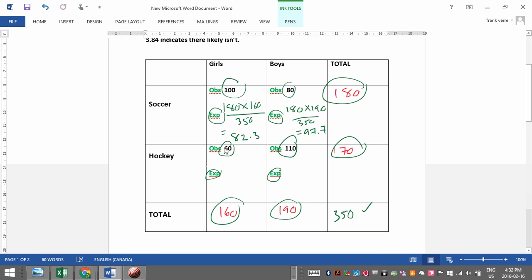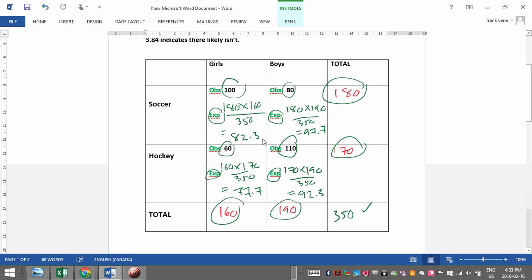For this one, this is column 1, so it's the column 1 total times the row 2 total, over the total, and that gives us an expected of 77.7. And then for boys and hockey, we would expect, let's figure this out, 170, this is in row 2, times the total from column 2, 190, over 350. That gives us a value of 92.3. So we would expect 92.3 boys to be playing hockey.